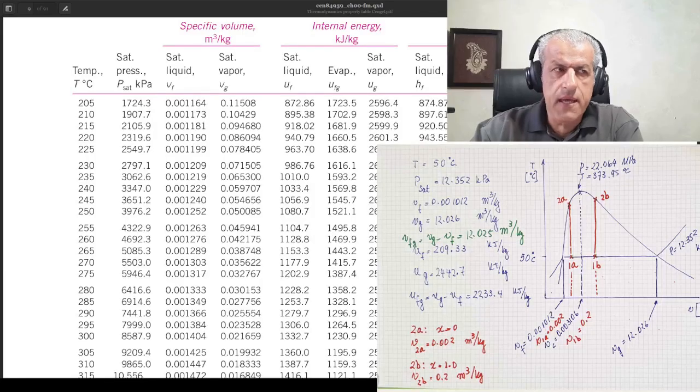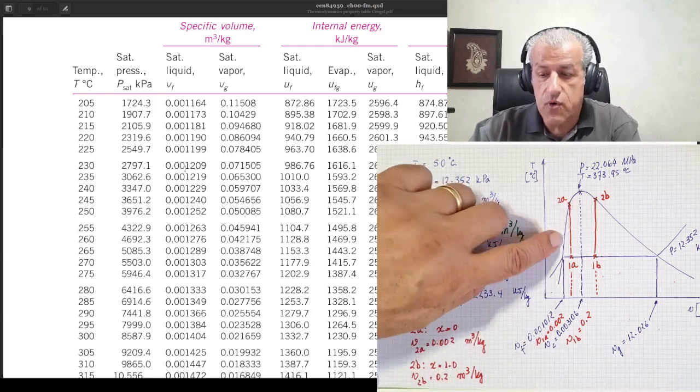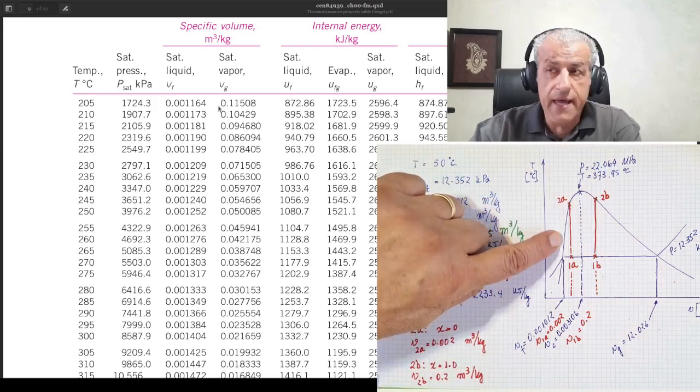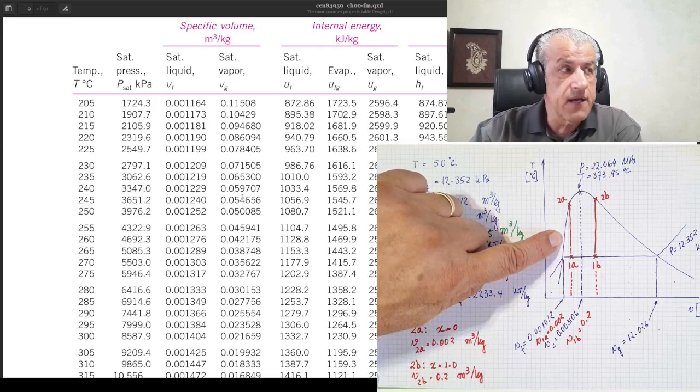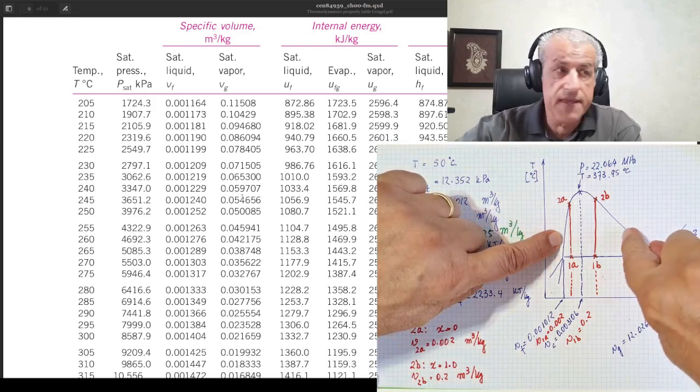Well, this is again our table, and here is vf, and these are all specific volumes for saturated liquids. These are all specific volumes for saturated vapor. These are specific volumes for this line, and these are specific volumes for this line.